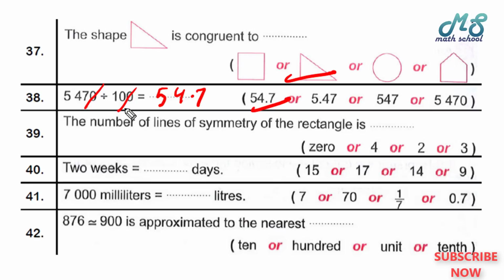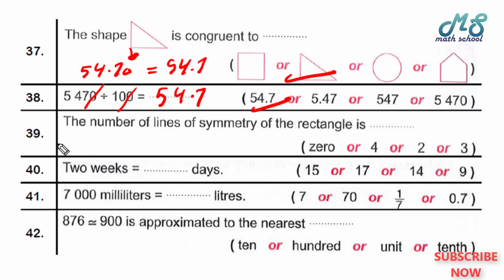Insert the decimal point after two digits from the right. So we get 54.70. This is equivalent to 54.7. You can get rid of this zero, no problem. So the answer will also be 54.7.